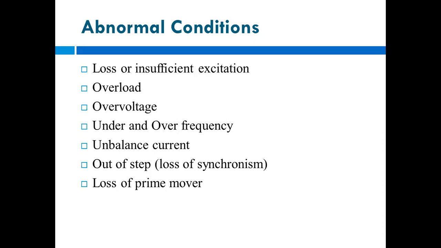Okay, then next is the unbalanced current. Unbalanced current means again the phase difference between these phases will be different. Actually it is 120 degrees, but if that phase difference changes, that is called the unbalance, when we are considering the three phases of the current.